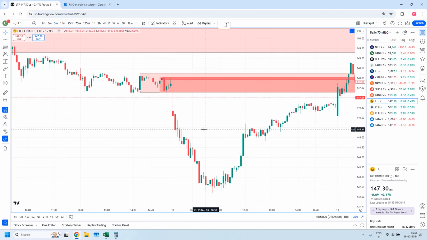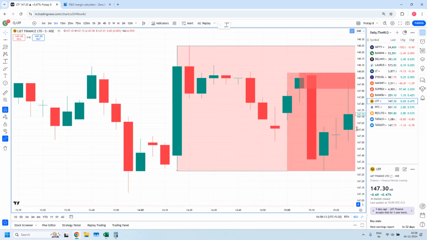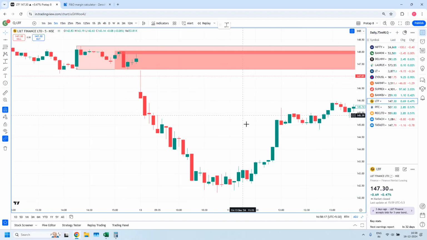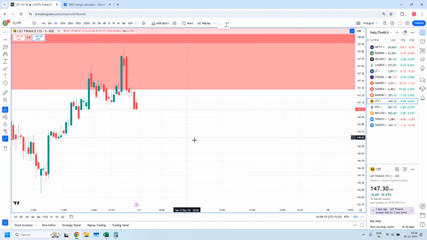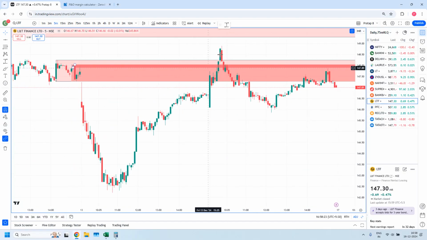So that's why carefully, whenever such kind of gaps are there, you hide the gap and try to understand the structure of the candles. You just zoom in, you will understand. Okay, so this is no more a valid zone, this 75 minute zone.